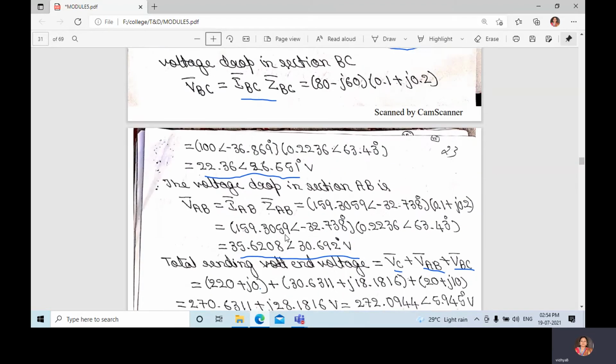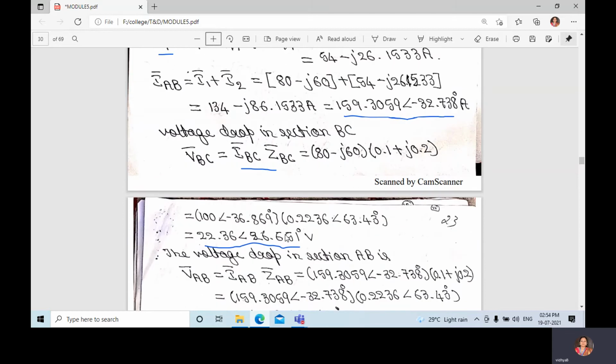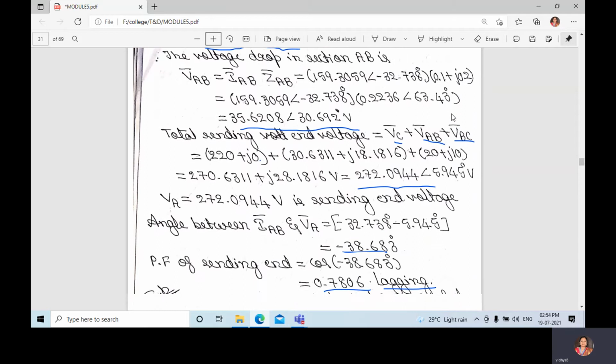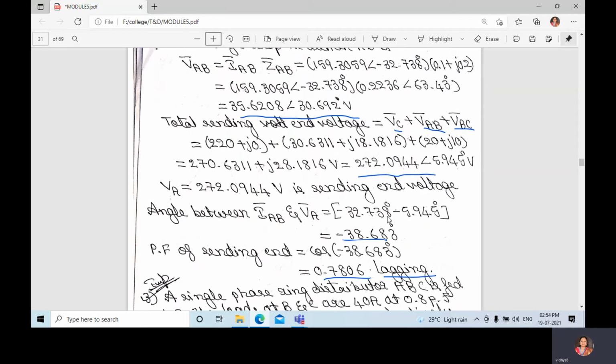IAB angle we got here is minus 32.738. So they have taken the angle between IAB and VA as minus 38.683. Power factor of the sending end is cos of minus 38.683, which gives 0.7806 lagging.